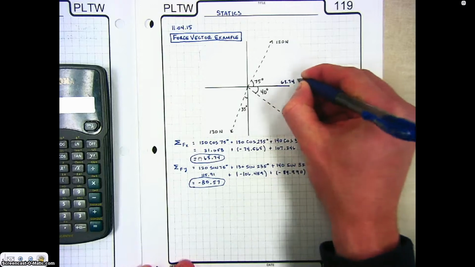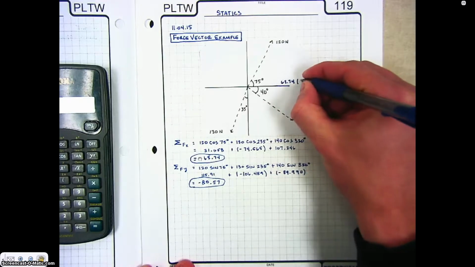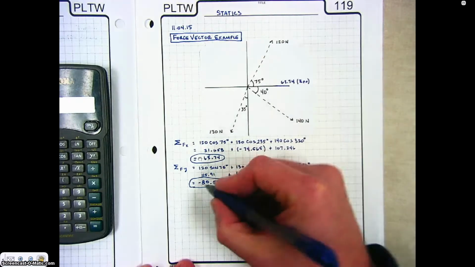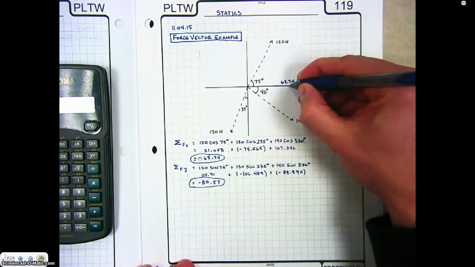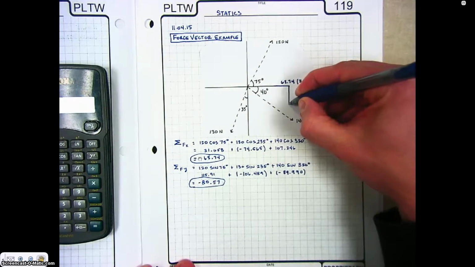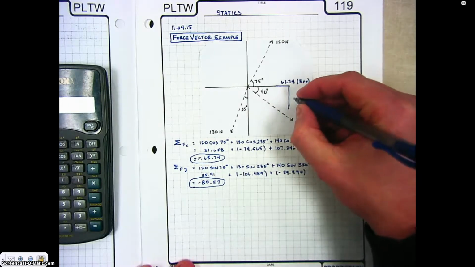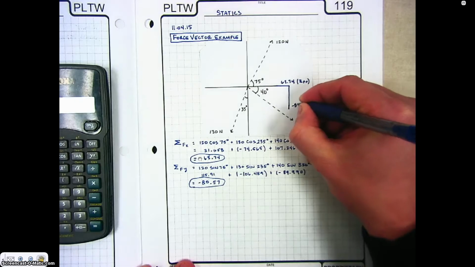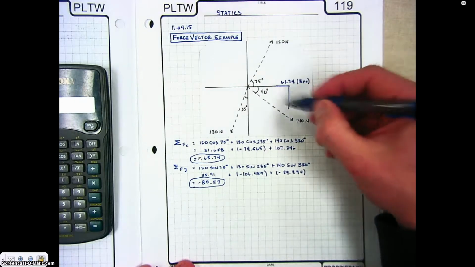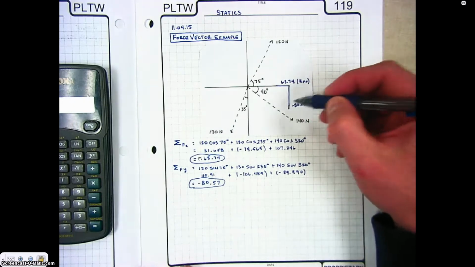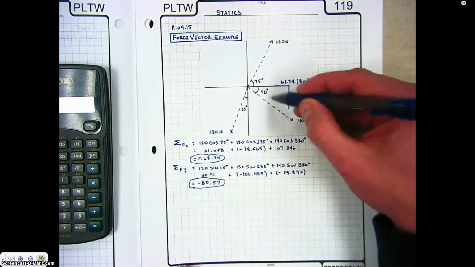This is the sum of the forces in the x direction. Then since this number is negative, I'll go down from that point, negative 80.57, and so we know that our answer is going to be in quadrant 4.